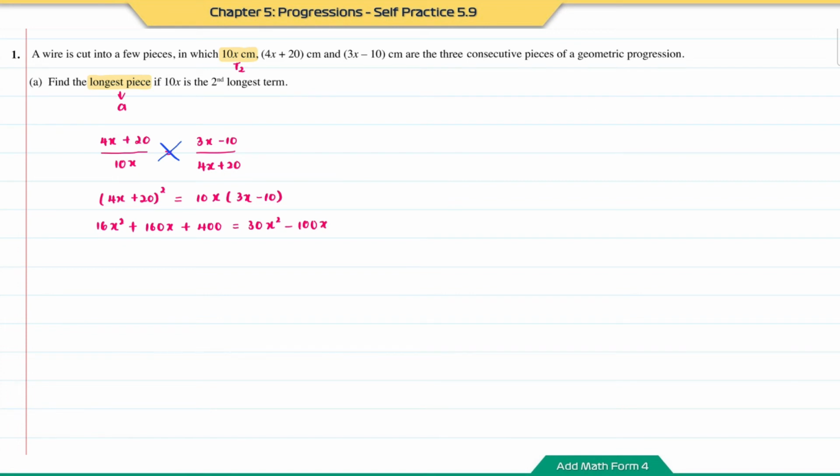Now, the highest power of the x is squared. Therefore, this is going to form a quadratic equation. To solve this, we're going to write this in general form. And to keep my a positive, I'm going to move everything to the right hand side.